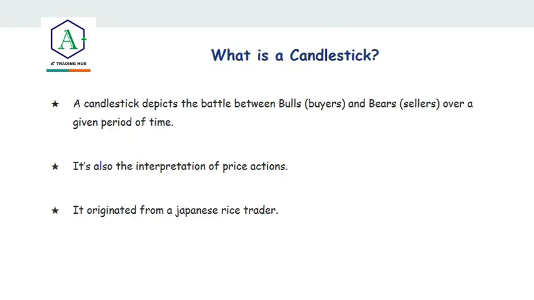A candlestick depicts the battle between the buyers and the sellers over a given period of time. As we said earlier, Forex trading is about buying and selling, but technically it's like a battle. For example, let's say we have 100,000 traders at a given time, and 60% of those traders say they want to buy euro, and the remaining 40% say they want to sell their euro.